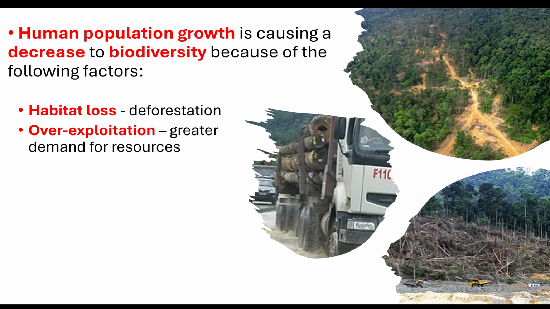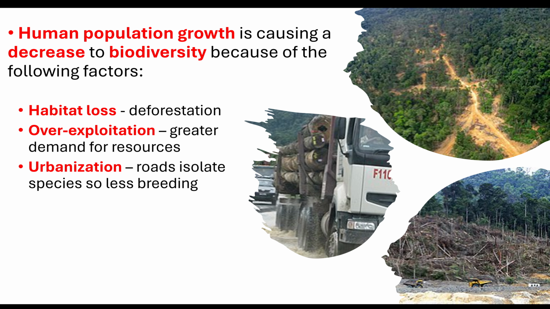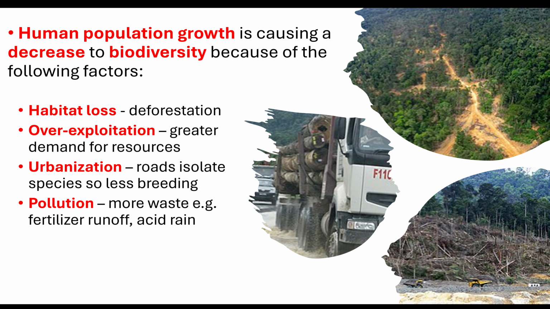We have overexploitation, where we have a greater demand for the resources. That's obviously going to have a knock-on effect to the biodiversity. We have urbanization. We need roads so that we can transport these materials in and out and around, and therefore these roads are going to isolate species, so therefore there will be less breeding.